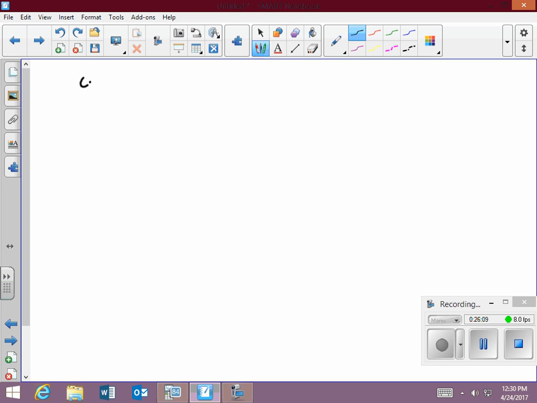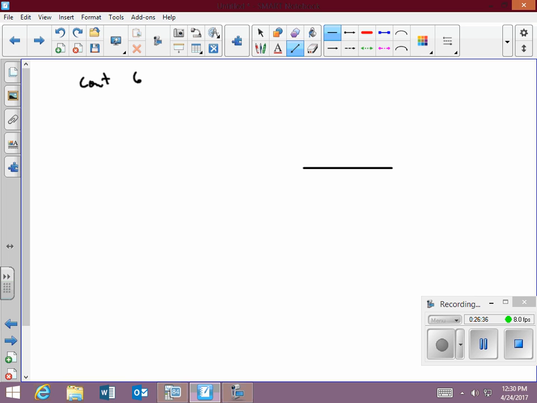Construction 6. To construct the perpendicular bisector of a segment. So you want to have it perpendicular and you want it to bisect. So we have a segment.